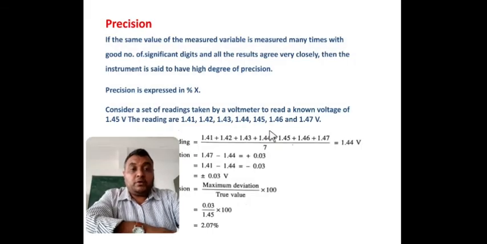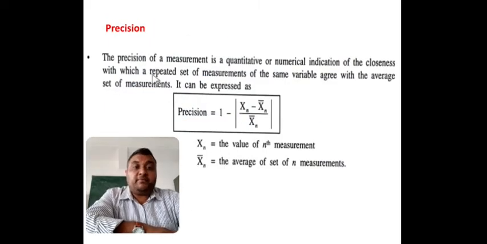You can also give the precision with the help of this equation: precision is equal to 1 minus |xn minus x̄n| divided by x̄n. Here xn stands for the value of the nth measurement, and x̄n stands for the average of the set of n measurements.